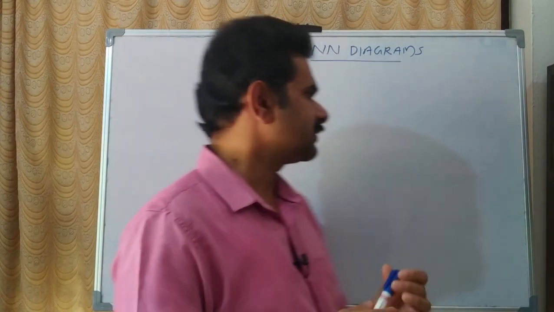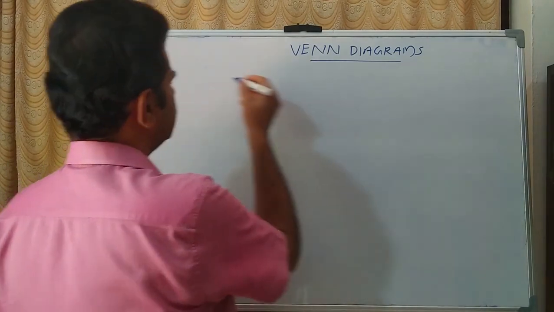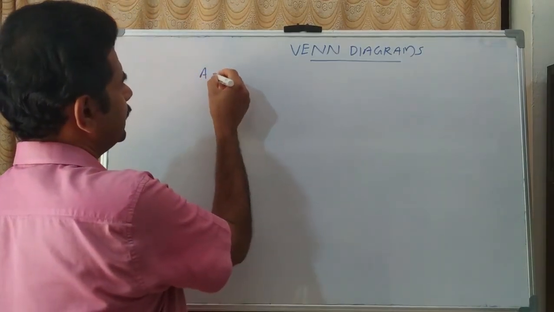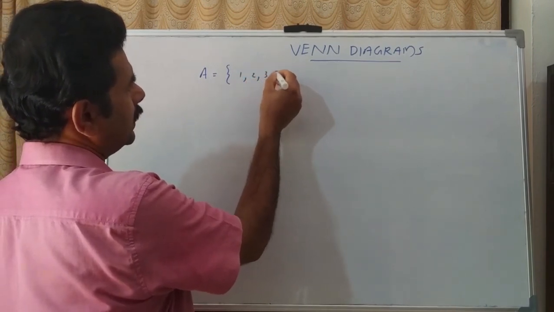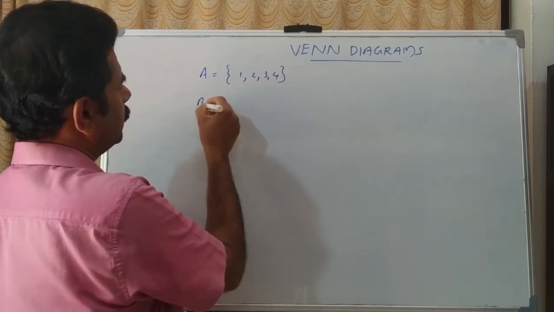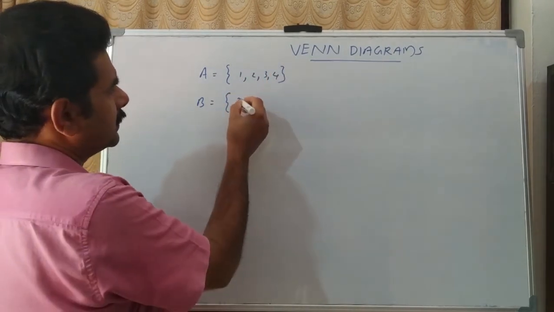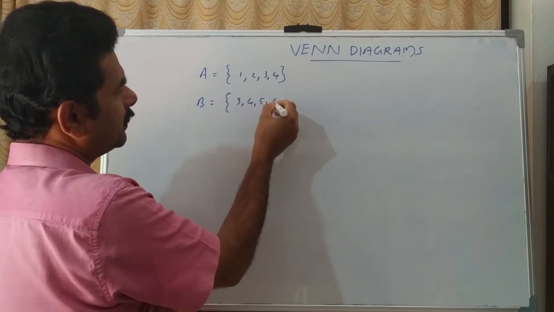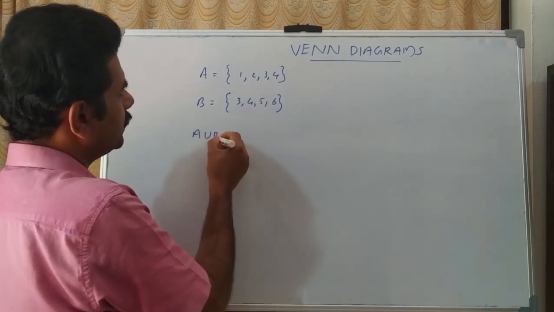Let us start. See here. Suppose A is any set, A = {1, 2, 3, 4}. B is equal to, as we discussed in the last class, {3, 4, 5, 6}. Then what is A union B?